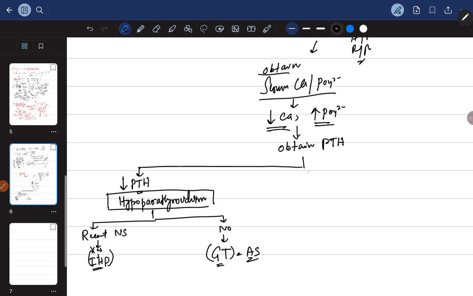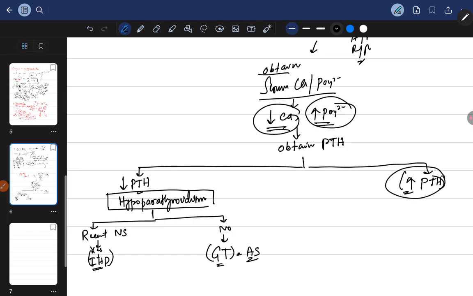Now, in some cases you will see increased PTH despite decreased calcium and increased phosphate. What is it? It is called pseudohypoparathyroidism. What is pseudohypoparathyroidism? It means the receptors on the organs, like the kidney and the bones, are not responding.